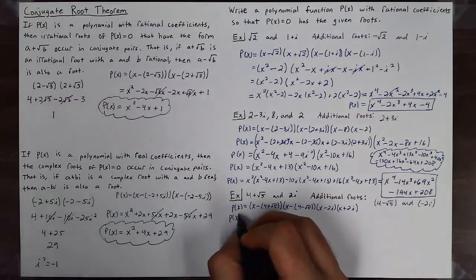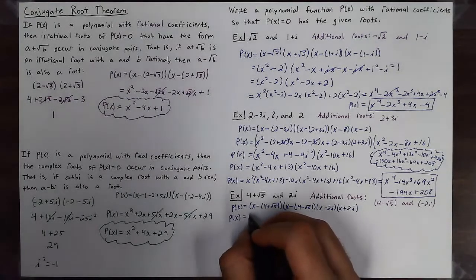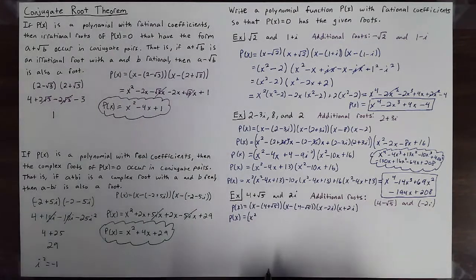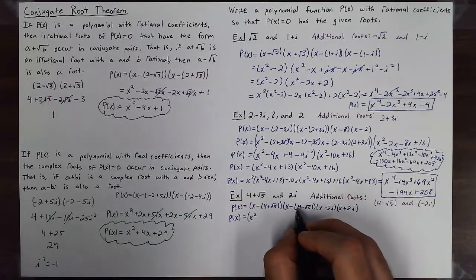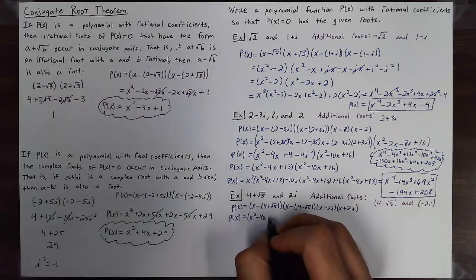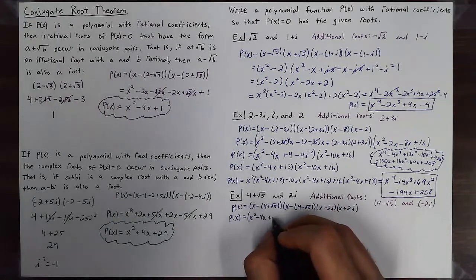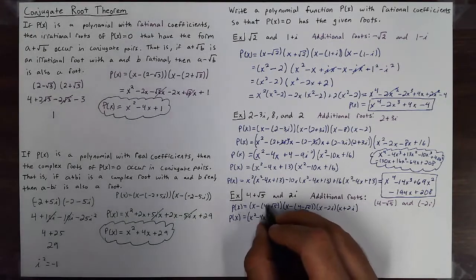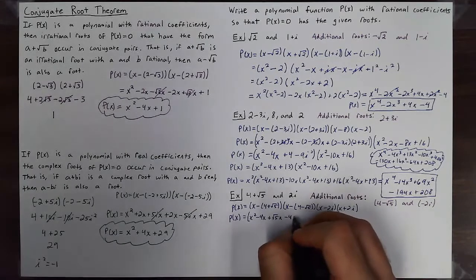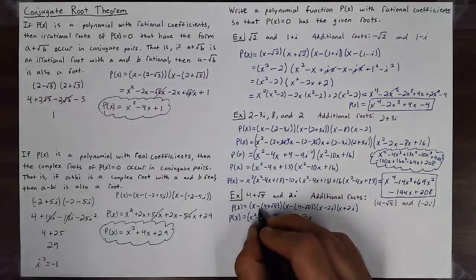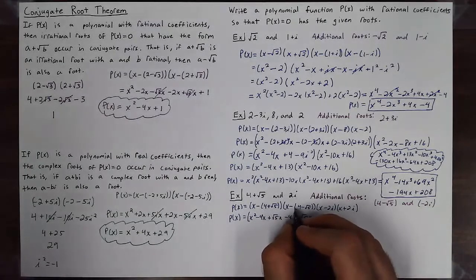So multiplying that one out, I'll get x times x, which is x squared, x times negative 4 plus the square root of 5, so minus 4x plus square root of 5x, and then negative 4 minus the square root of 5 times x, so it's minus 4x again, but minus the square root of 5x, and then negative 4 plus square root of 5 times negative 4 minus the square root of 5.